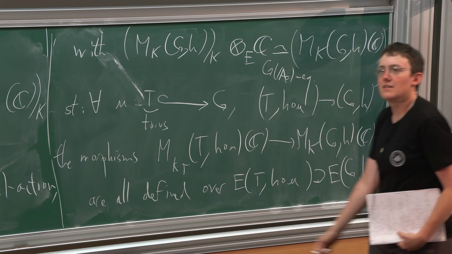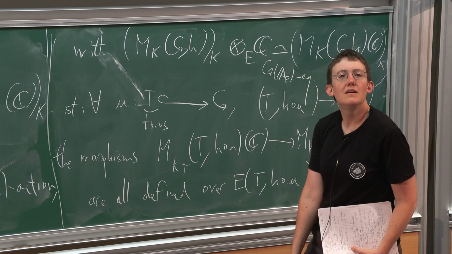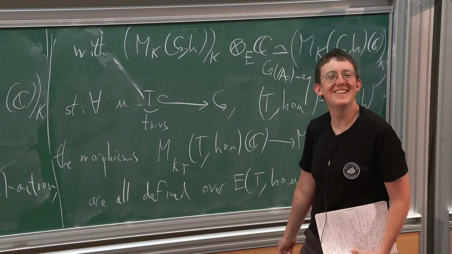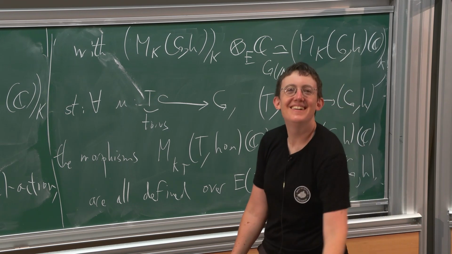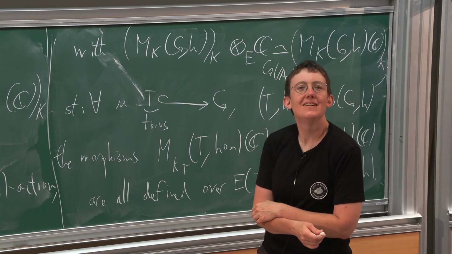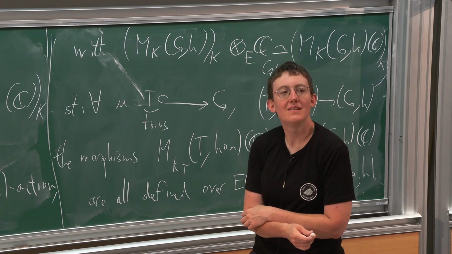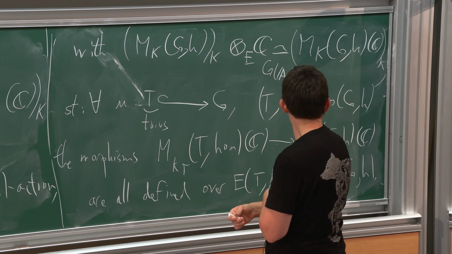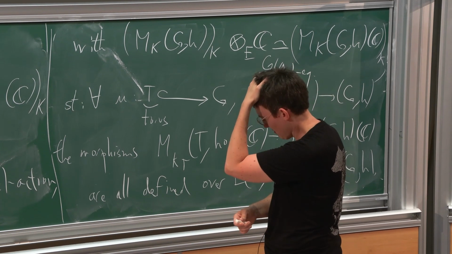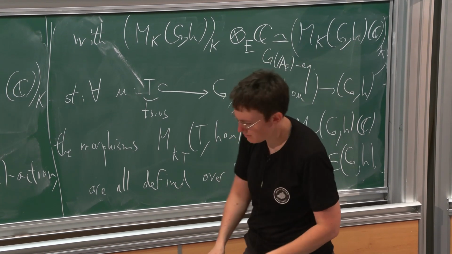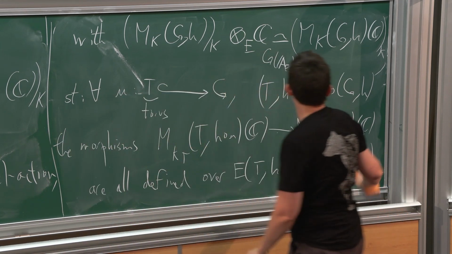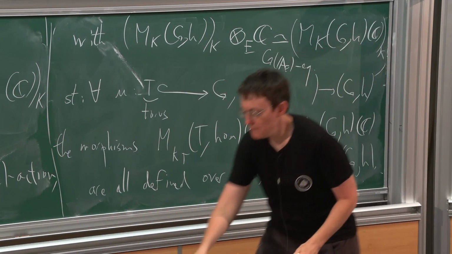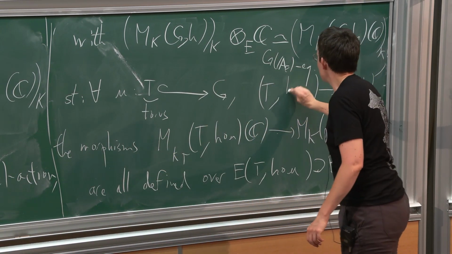Sorry? Yes. Oh no, not you. You want just the general morphism of Shimura data? Well, I don't think H composed with U makes sense. Wait. Oh, you're right. You're right. So I'm just going to put H prime here.